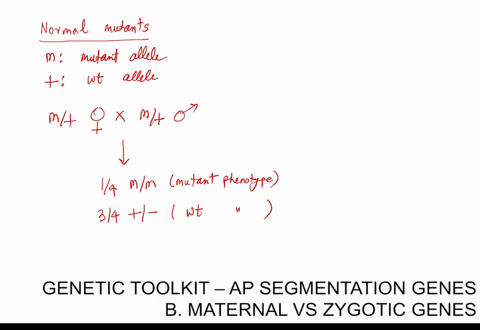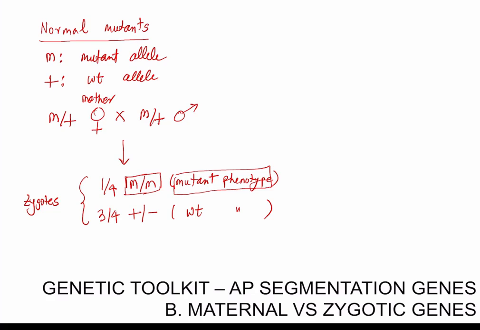And the female here in the cross is the mother, and these individuals here, the progeny, are zygotes, and it is the zygote who has both the mutant genotype M over M and also the mutant phenotype, whatever mutant phenotype it happens to be.